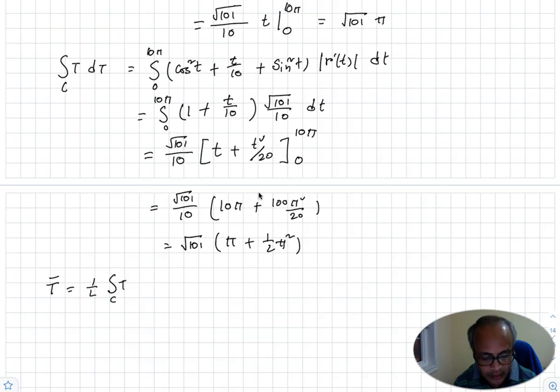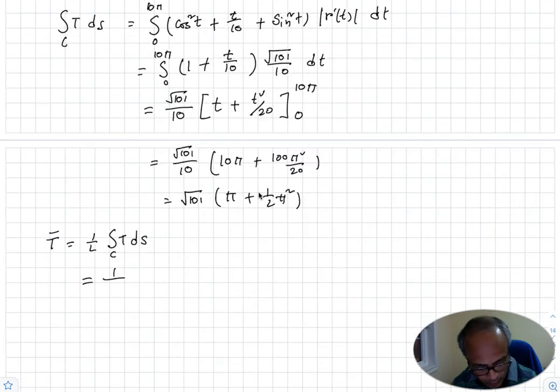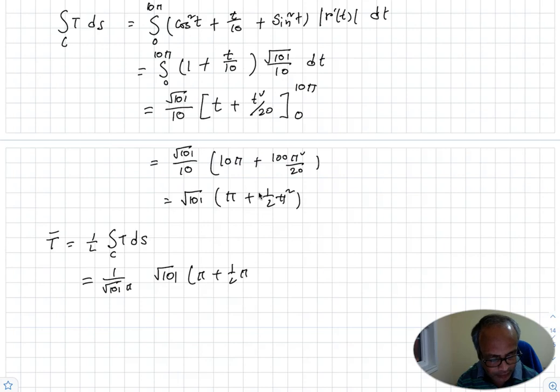Okay. Now average temperature T bar equal to 1 by length times integral T ds. Okay, T ds. So 1 by L, L is here, 1 by square root of 101 pi, and integral T ds, which is square root 101 times pi plus half pi square.